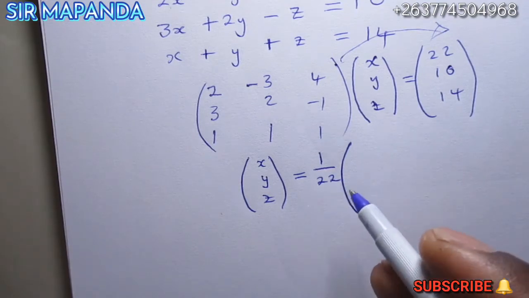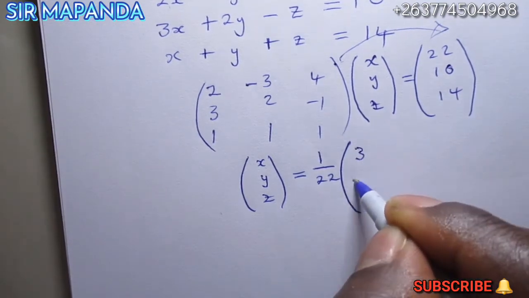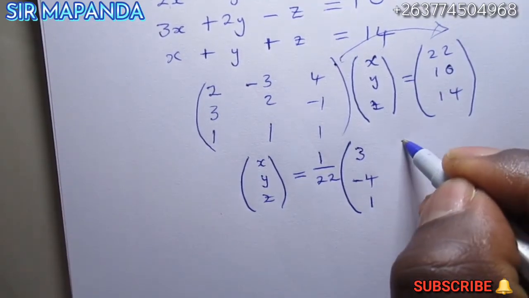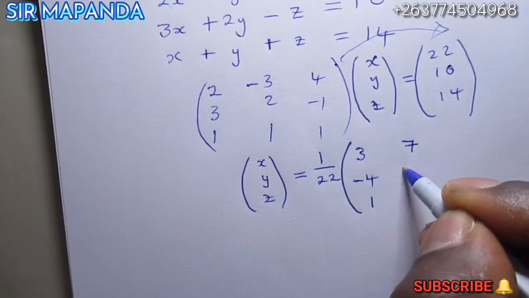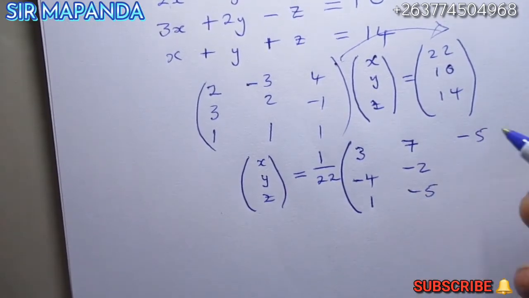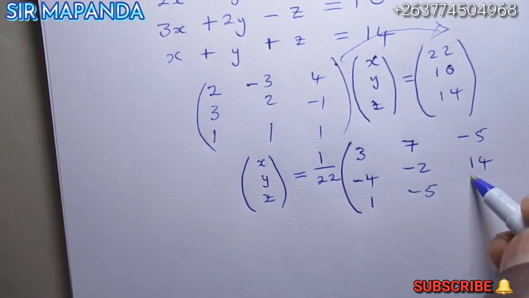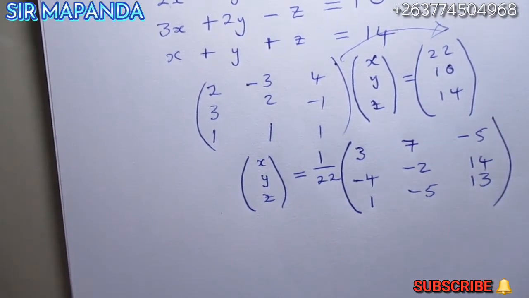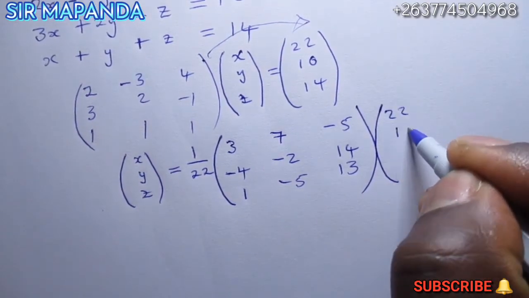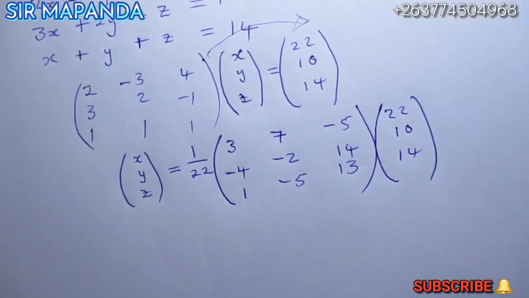So 1 over 22, 3 minus 4 and 1. Then we have 7 here, minus 2 and minus 5. We have minus 5, 14 and 13. That was the inverse. So this inverse is going to multiply 22, 10 and 14, something like this.